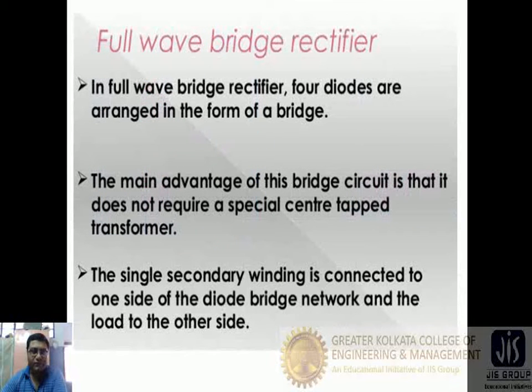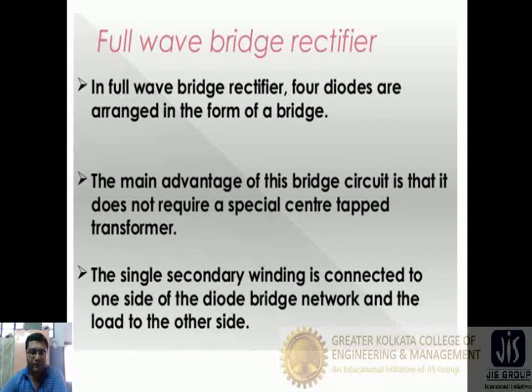So in full wave, there is another rectifier, the full wave rectifier, which is called the bridge rectifier. In a full wave bridge rectifier, four diodes are arranged in the form of a bridge.